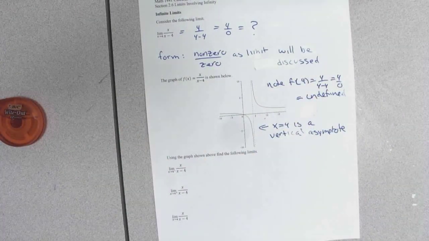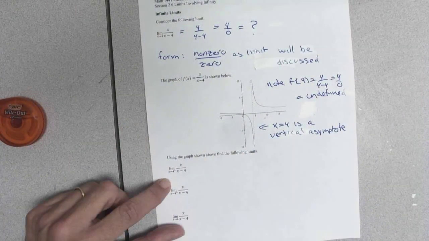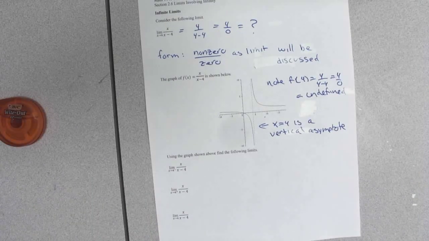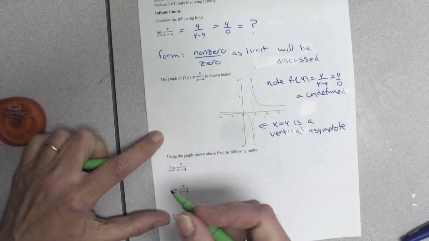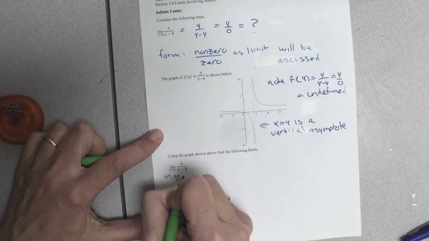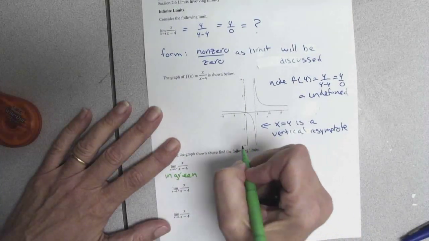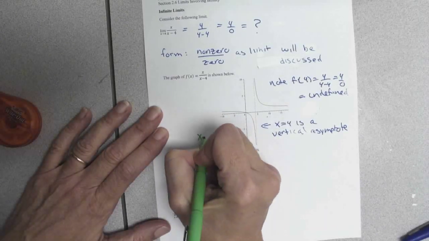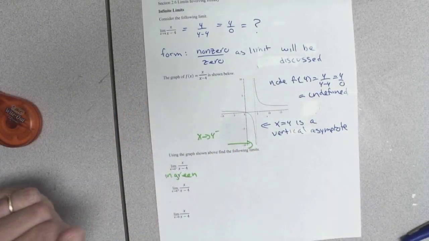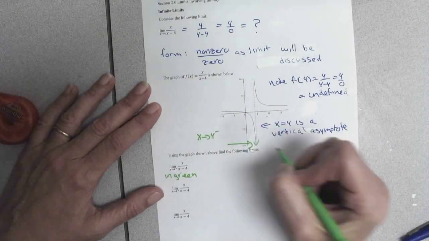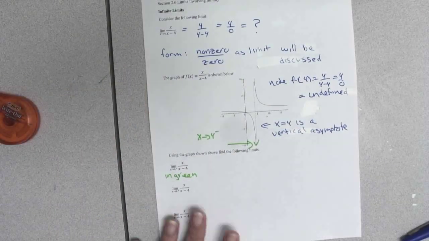Okay, so if we look at the graph and then look at the limits as x approaches 4 from the left, and let's do that in green, 4 from the left would be right here. And we see that the graph is going nearly straight down.